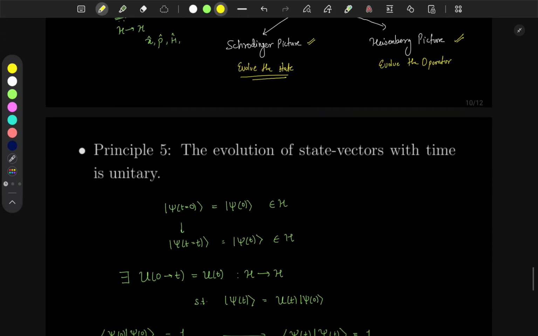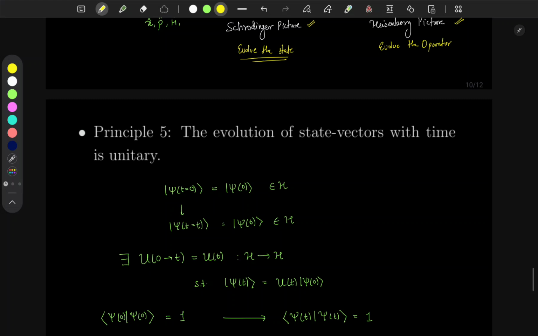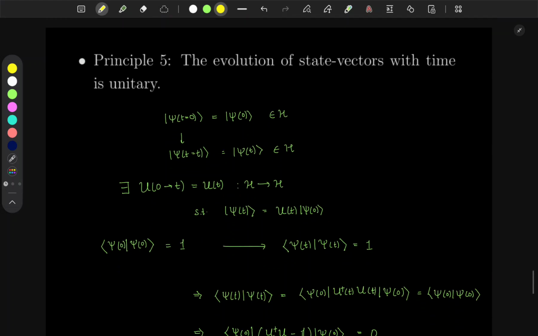Now that we have come all this way, recall principle 5 of quantum mechanics from, I think, the second lecture, that is the axioms of quantum mechanics. I said there that I'll discuss this principle somewhere later in the video, and now is the time to discuss it properly.